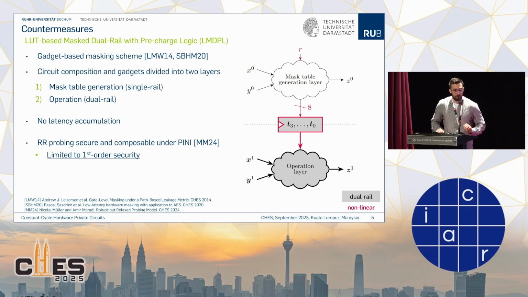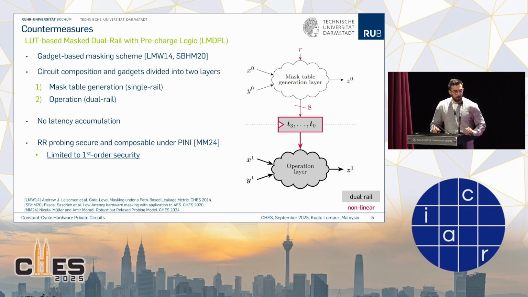And as you can see on the right side, this can be divided into 2 layers, where the upper layer is executed in 1 clock cycle and the lower layer is operated in another clock cycle. So this is actually an exception in the literature where the latency does not accumulate, as inside the layers no registers exist. And this, however, is limited to the first order security, and we wanted to extend this to arbitrary security orders, which is the main motivation for this work.